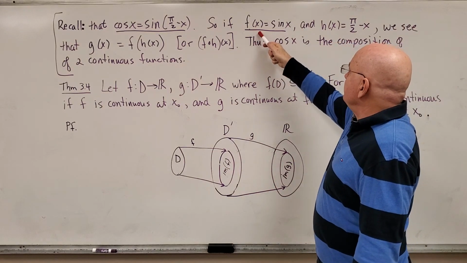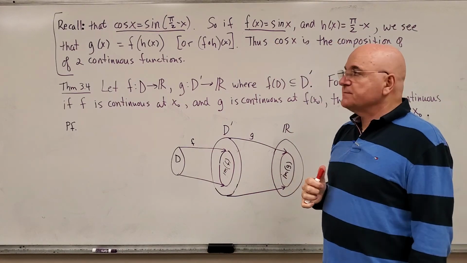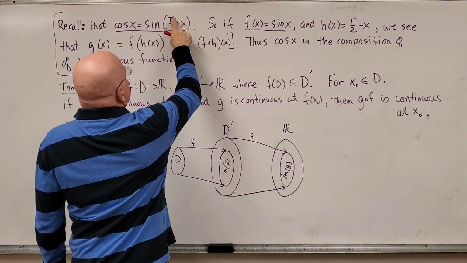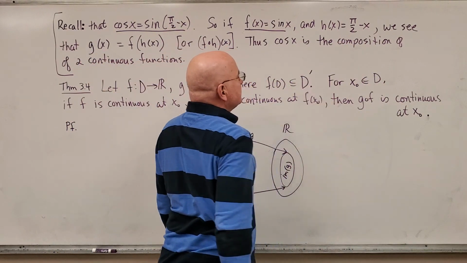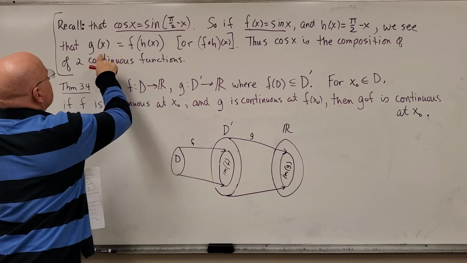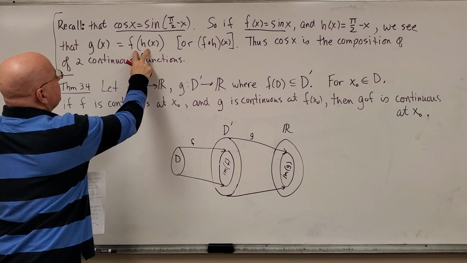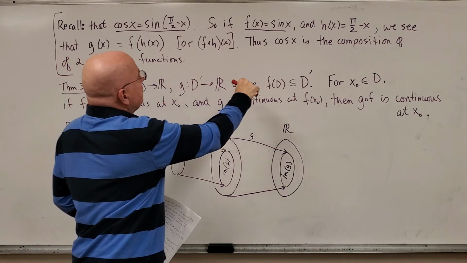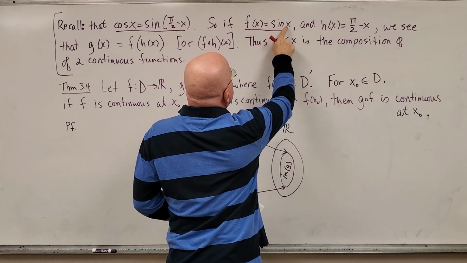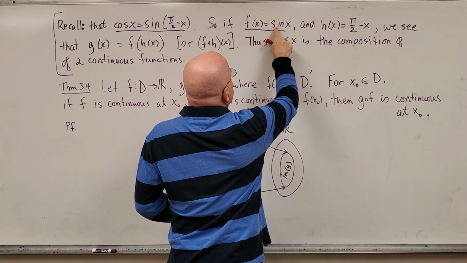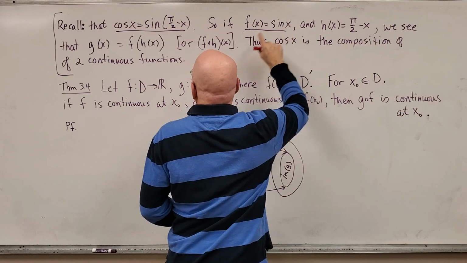So if f of x were equal to sine x, and h of x were equal to pi over 2 minus x, we can see that g of x, which is cosine x, is f of h of x. Remember what that means. You're taking the function f, and in place of x, you're plugging in pi over 2 minus x. So this becomes sine of pi over 2 minus x.